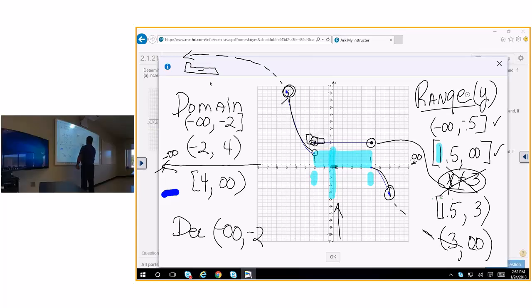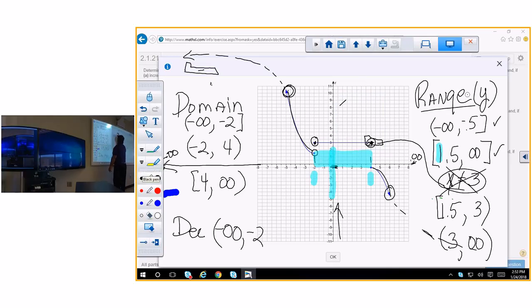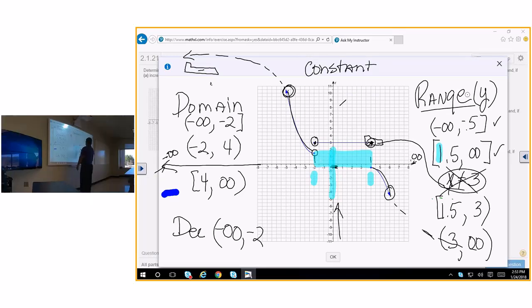And this is a constant, so it doesn't move. It's called constant, and it will probably ask you that. It's constant from -2 to +4, and you have open circles, so that takes that.